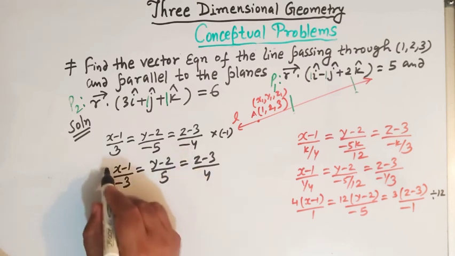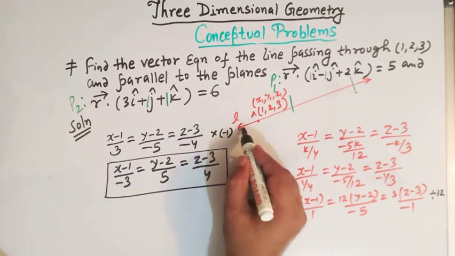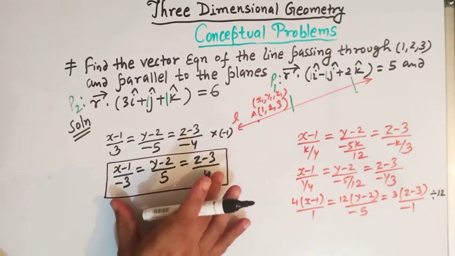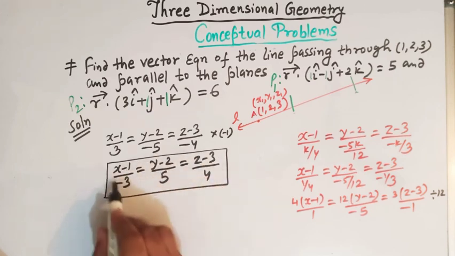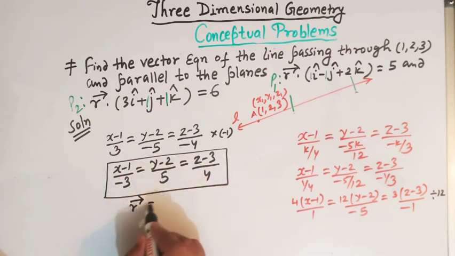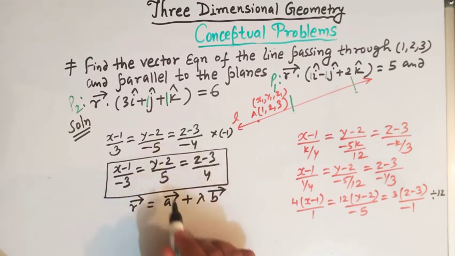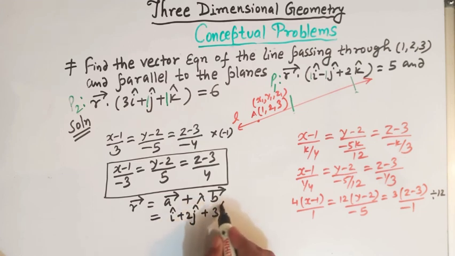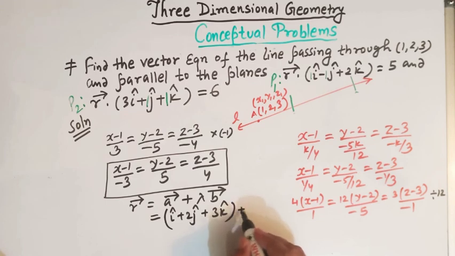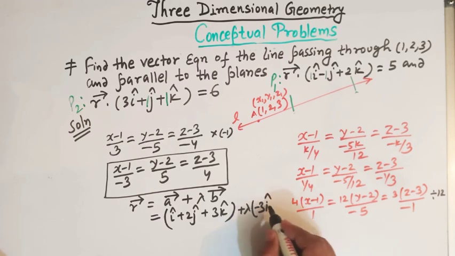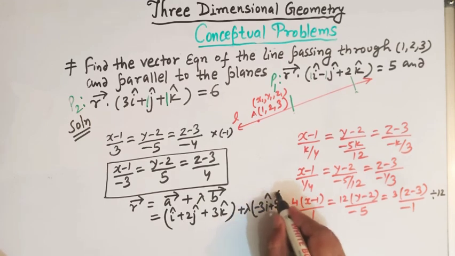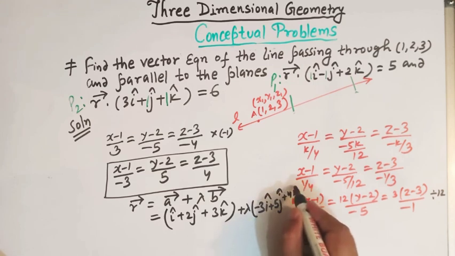So this is the Cartesian equation of this line, and if we convert this equation into vector form, we have i cap plus 2j cap plus 3k cap, and then we have lambda times the vector b, which is minus 3i cap plus 5j cap plus 4k cap, right?